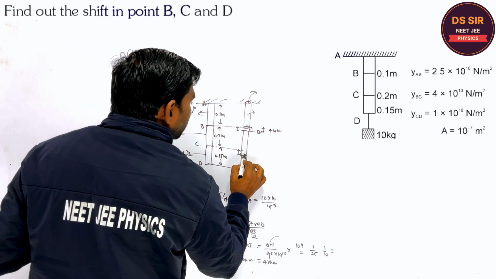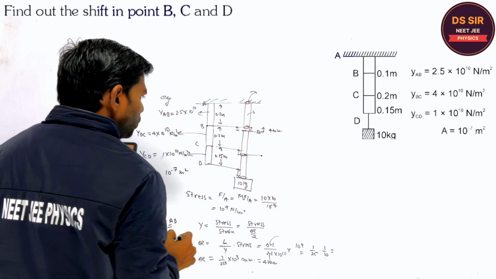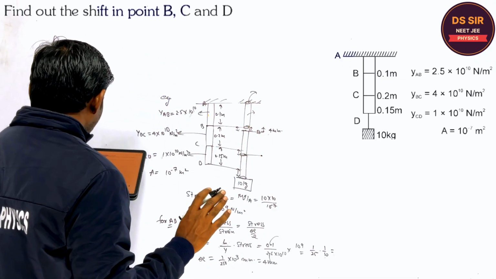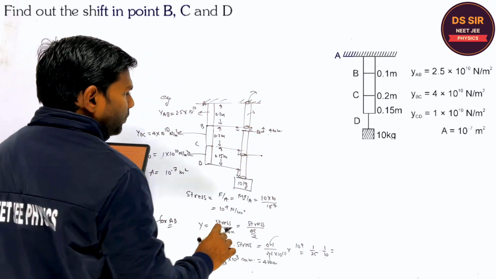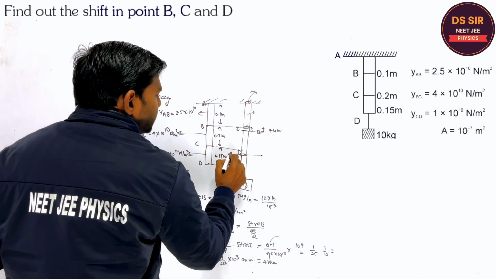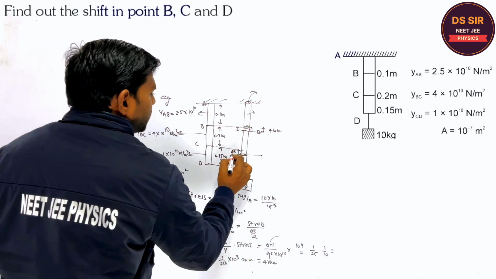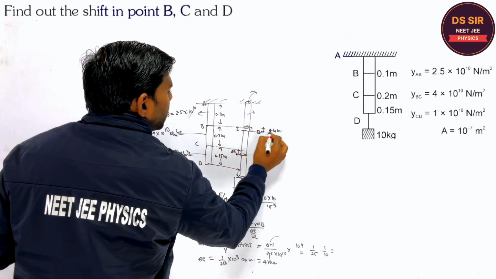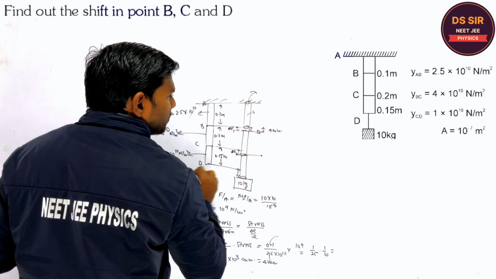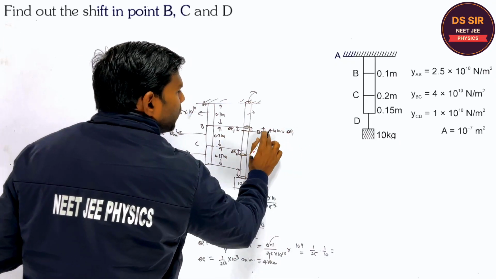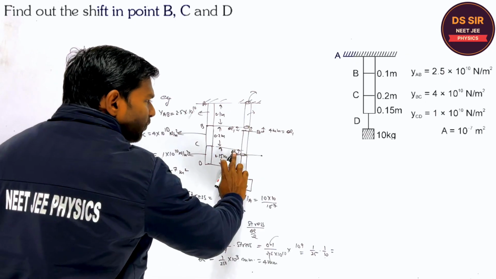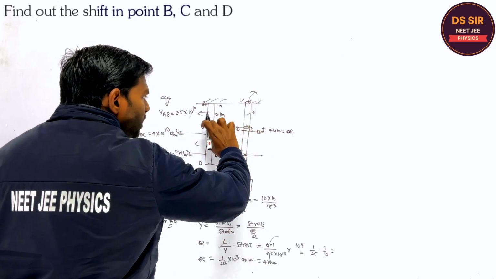In the same way, the shift in the point C also has to be found. For this, you have to find the elongation delta L first. Suppose this is the elongation delta L1. We have found delta L1 is 4 millimeter. Can you find the elongation in this portion BC?